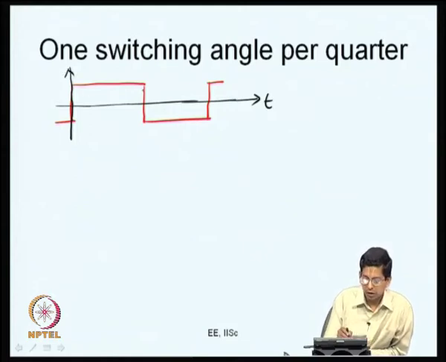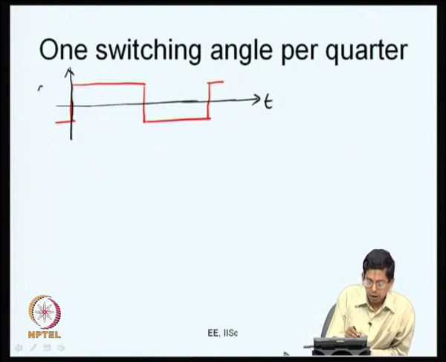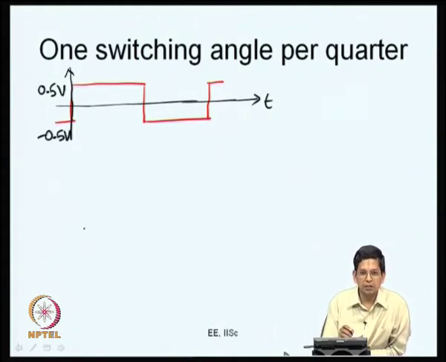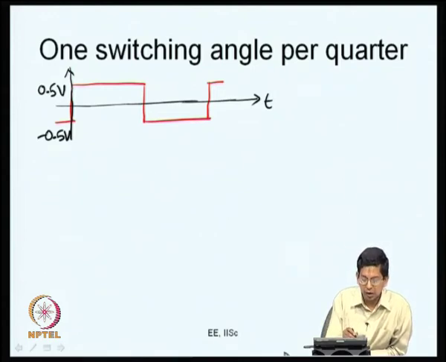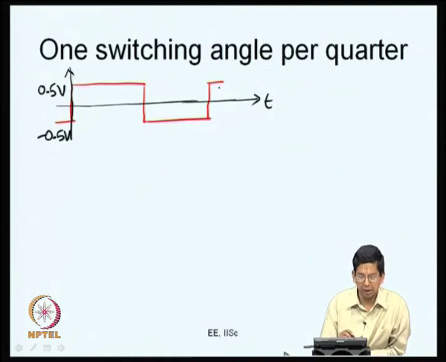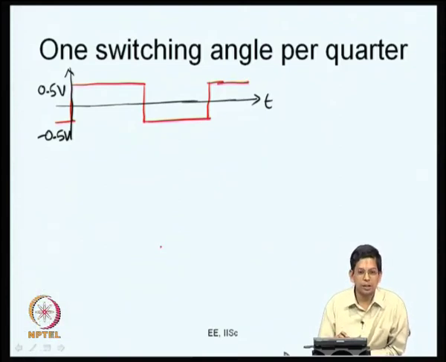So, this is equal to 0.5 VDC, and the lower level is equal to minus 0.5 VDC. If I switch the inverter in a square wave fashion, I get the pole voltage to be 0.5 VDC for half the time and minus 0.5 VDC for the remaining half the time, and this goes on like that. I have shown this in red color for the red phase.